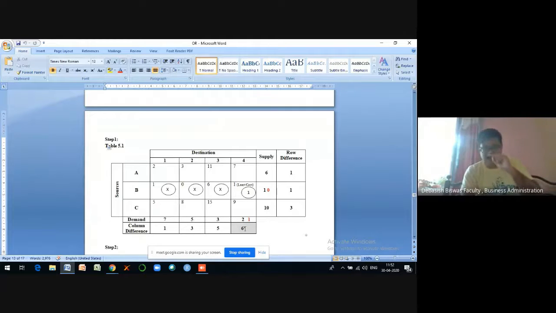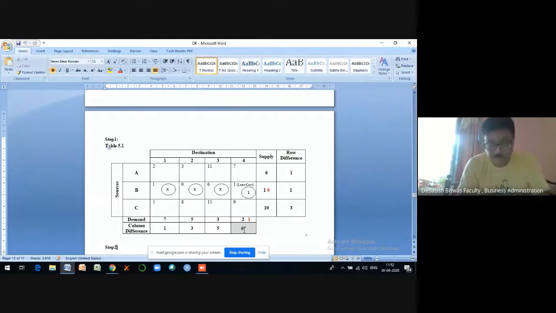So 6 is the highest element among all the difference elements. Your difference elements are 1, 1, 3, 1, 3, 5, 6. So out of these 7 difference elements, 6 is the highest, and that has to be identified. Clear?